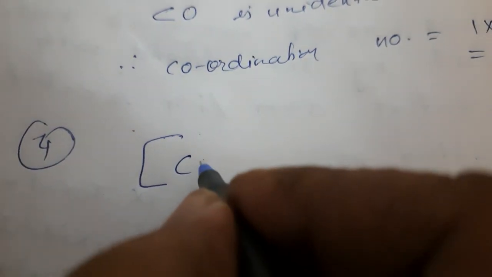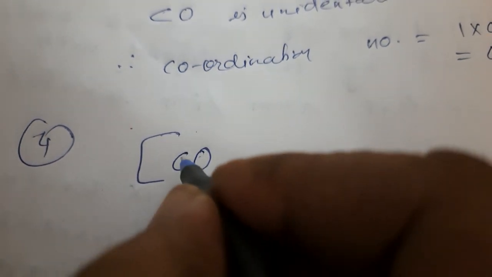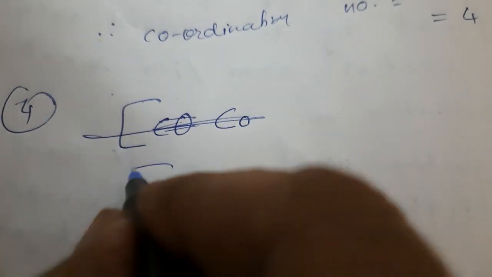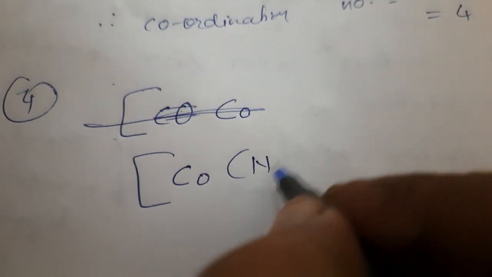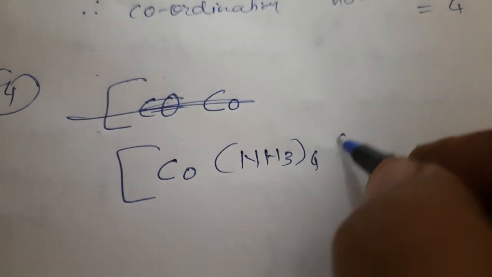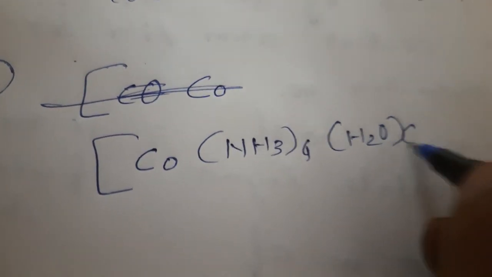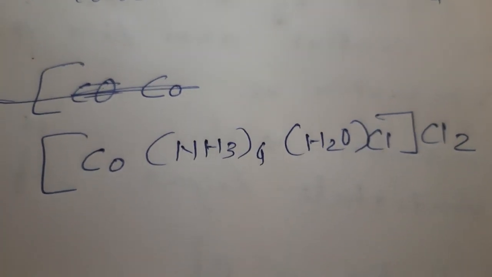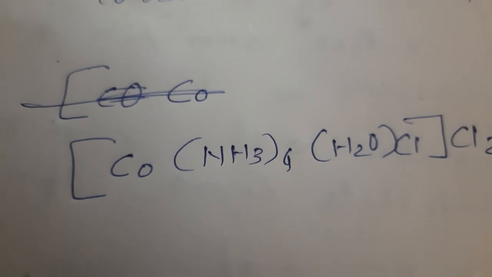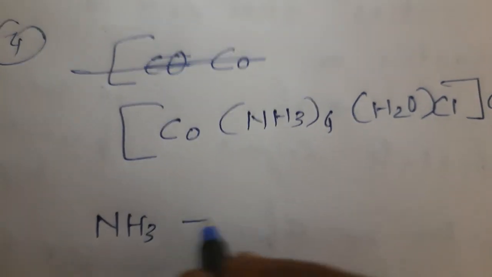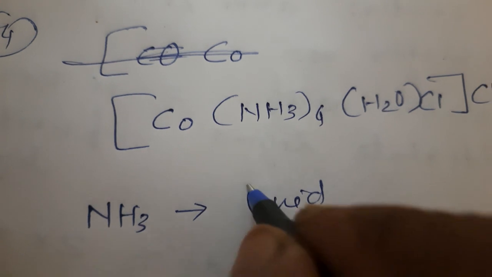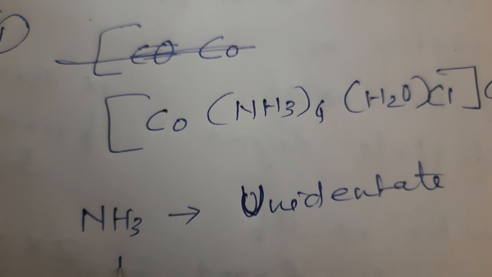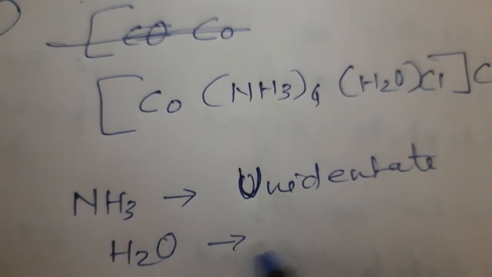Then fourth example is [Co(NH3)4(H2O)Cl]Cl2. Outside there is Cl2, so we do not have to worry about the outside Cl2. We have to find out the coordination number. So NH3 is unidentate. Same with H2O, unidentate.